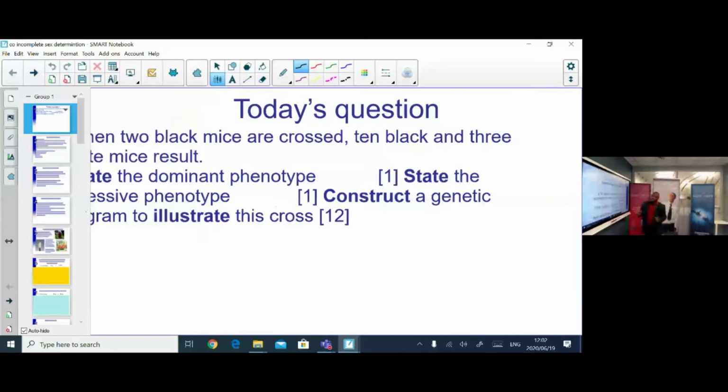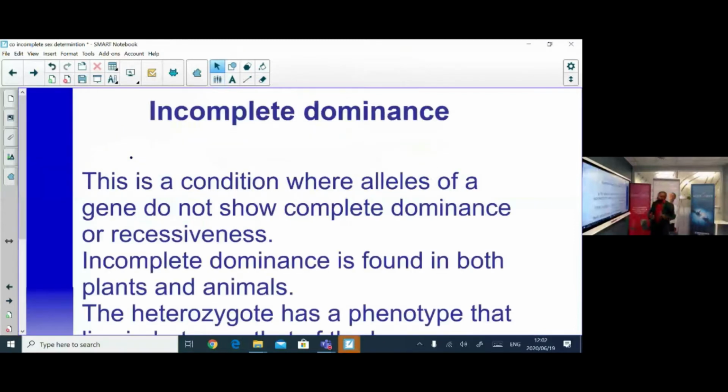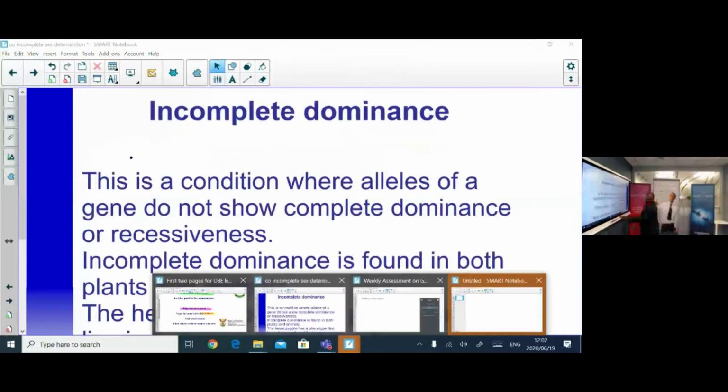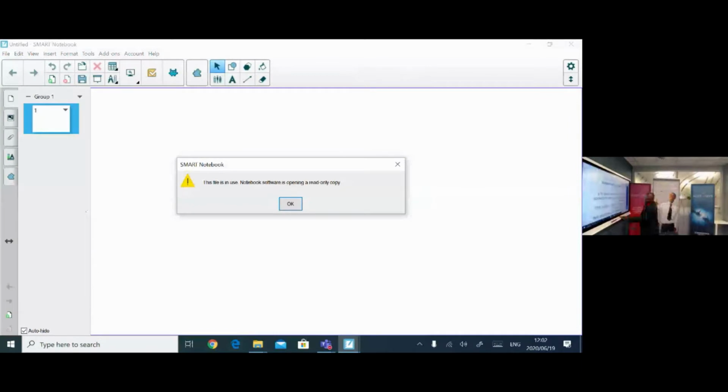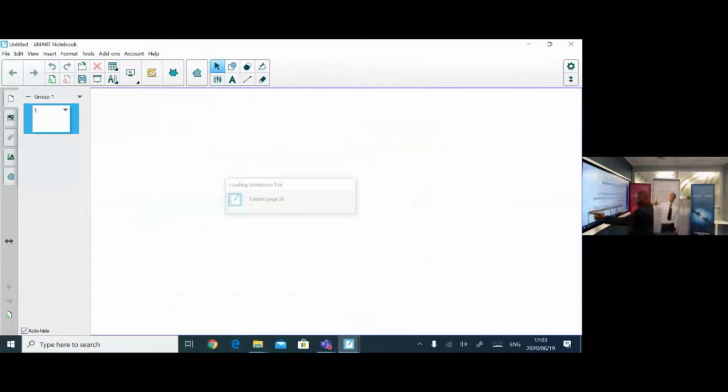Then I promised that we would look at codominance and incomplete dominance and work out examples.